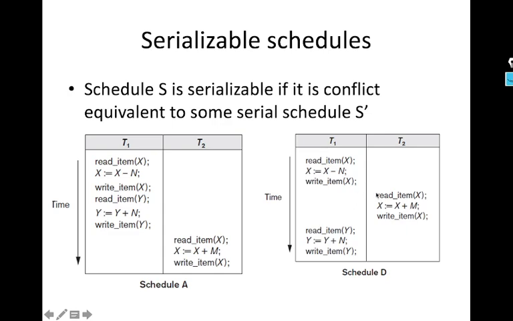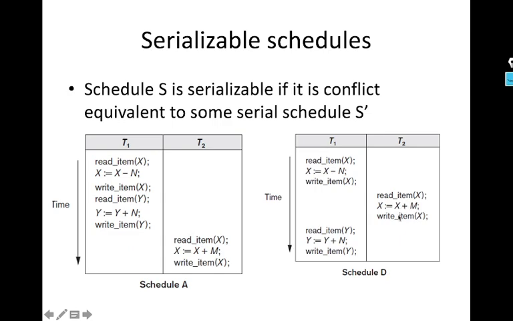Now we have to check whether this conflicting operation order is the same in the serial schedule. Here first in T1 we have write X, then after that T2 reads X. So in T1 write item of X and after that read item of X, so this conflict is okay.